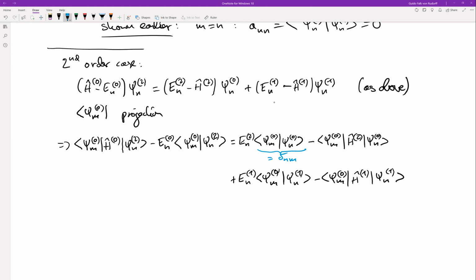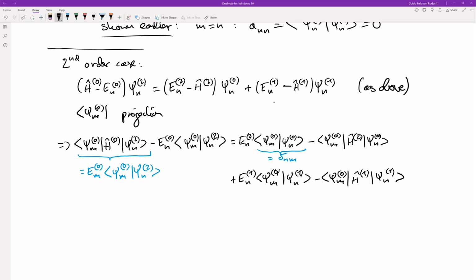Here on the left part, we have the Hamiltonian together with the zeroth order wave function, which means that this is an eigenfunction of the Hamiltonian operator, which means we can pull the corresponding energy out. So this is equal to Em0 of psi m0 psi n second order.